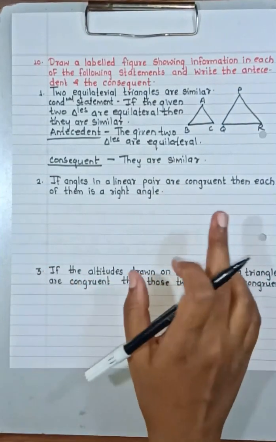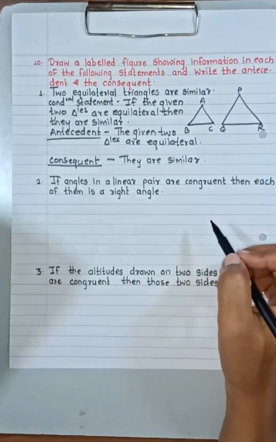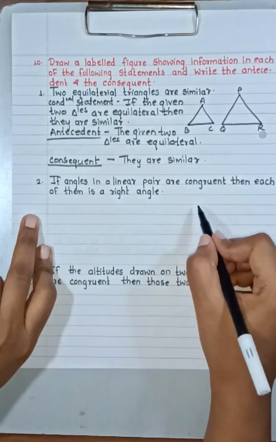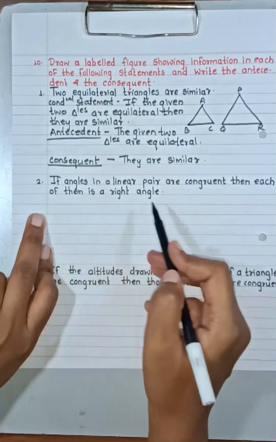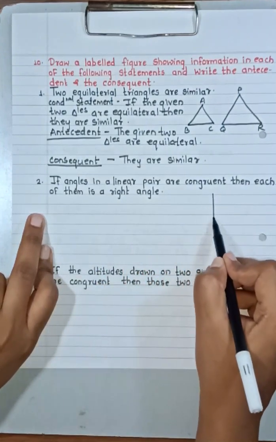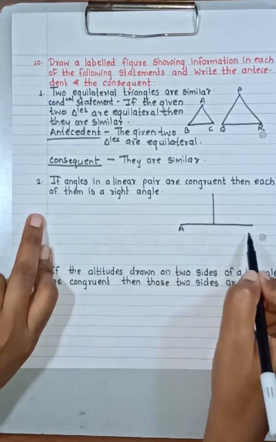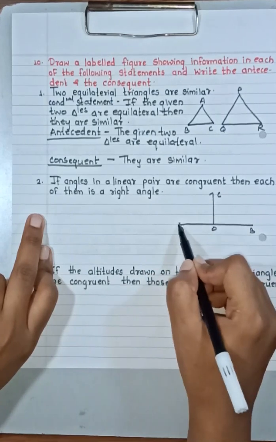You have to draw the diagram over here. Now for this I'll just draw the diagram over here, and you may write down the antecedent and consequent. Now see, if angles in a linear pair are congruent, then each of them are right angles. Now see, if you name it as A, B, O and C, what you find here?